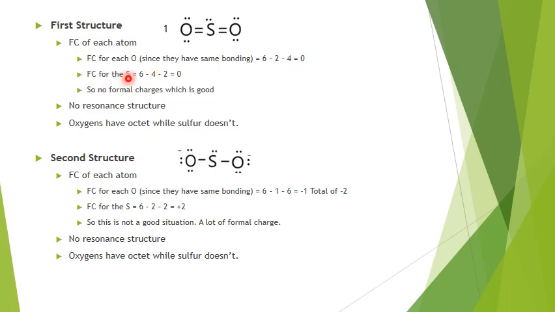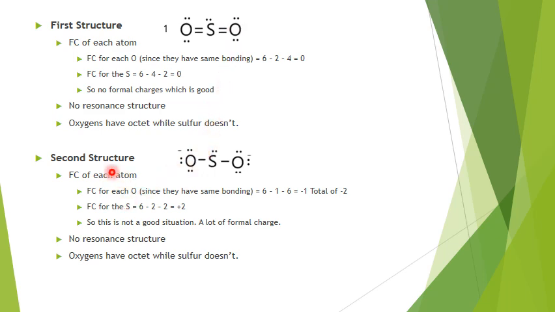Now the formal charge on the sulfur, it also has a valence of 6, minus 4, minus 2. It also equals 0. So this is pretty good. It doesn't have any formal charge at all. It doesn't have any resonance structure. And in terms of octet, each oxygen has an octet, and the sulfur doesn't.